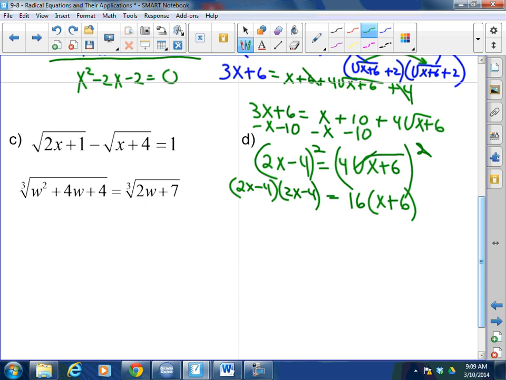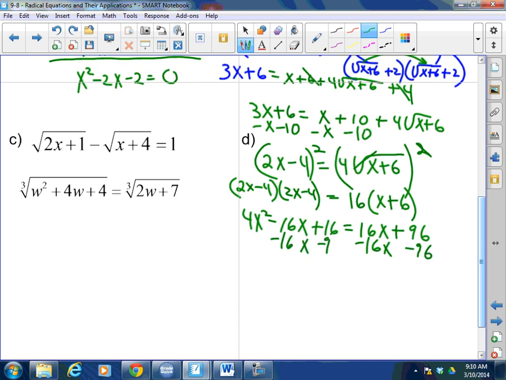Now let's FOIL. I got 4x squared minus 8x, minus 16x plus 16 equals 16x plus 96. Subtract the 16x to both sides. Subtract the 96 to both sides. I get 4x squared minus 32x minus 80 equals 0.